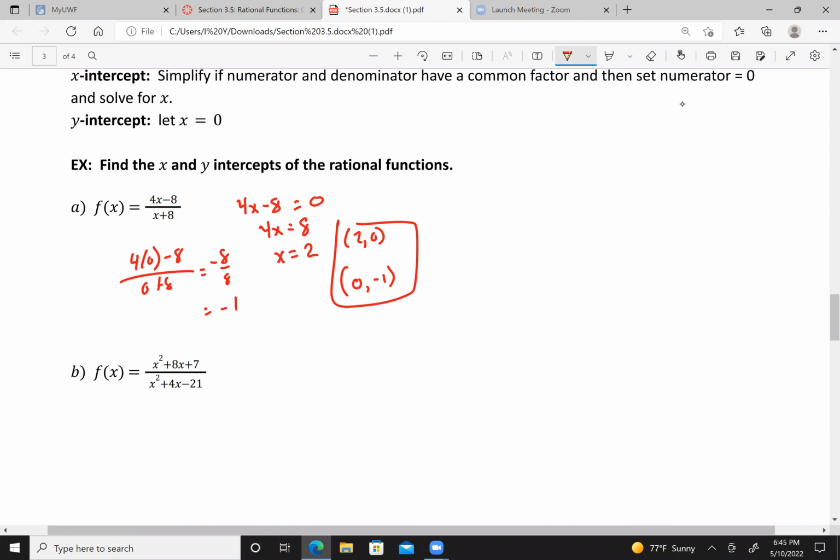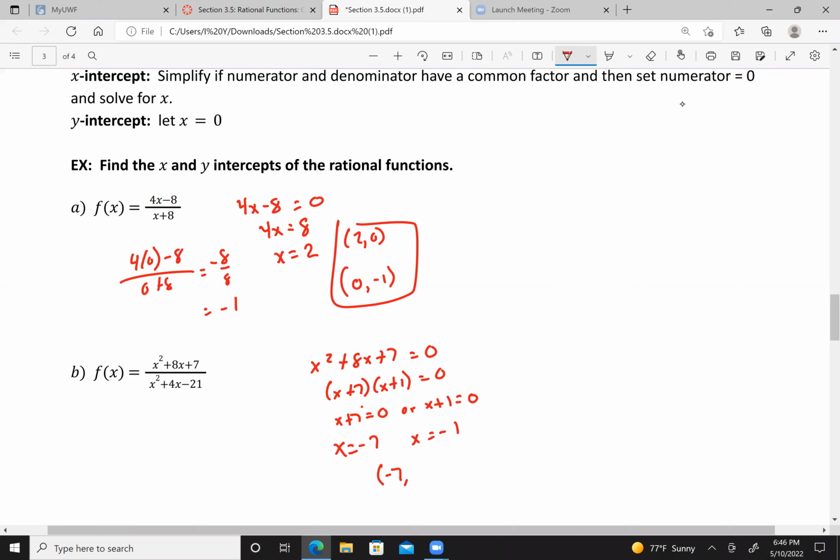Okay, same deal here. Finding x, y intercepts. First, we'll find the x-intercept by setting x squared plus 8x plus 7 equal to 0. This will factor x plus 7 times x plus 1. So x plus 7 equals 0, or x plus 1 equals 0, x equals negative 7, x equals negative 1.